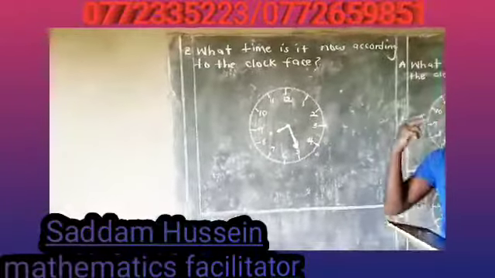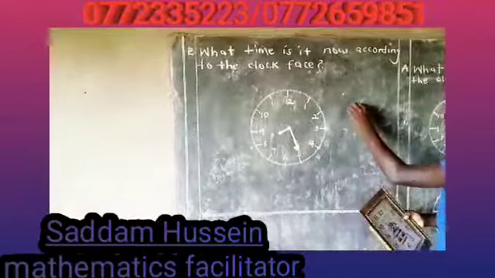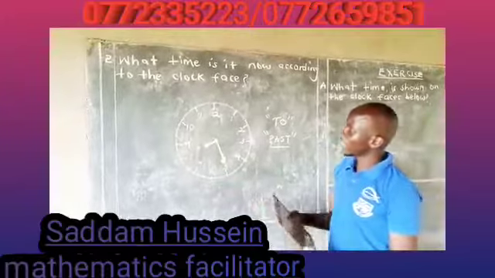Now, we have the language we always use here. We can either use the word to or the word past when telling time here. Now, when you look at the hour hand, it is pointing around 8.